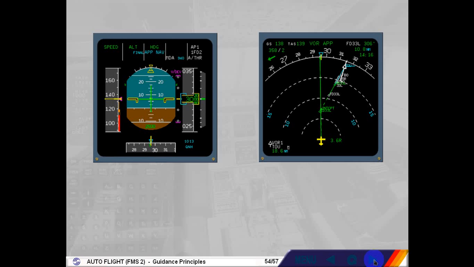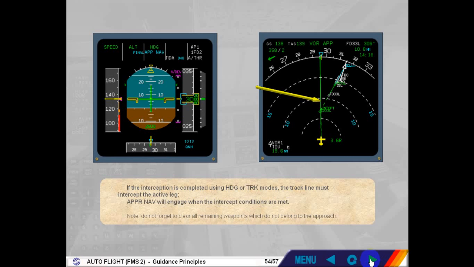If the interception is completed using heading or track modes, the track line must intercept the active leg. APP NAV will engage when the intercept conditions are met. Note: do not forget to clear all remaining waypoints which do not belong to the approach.